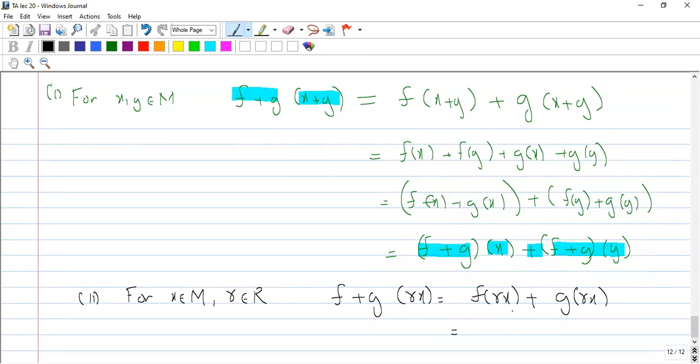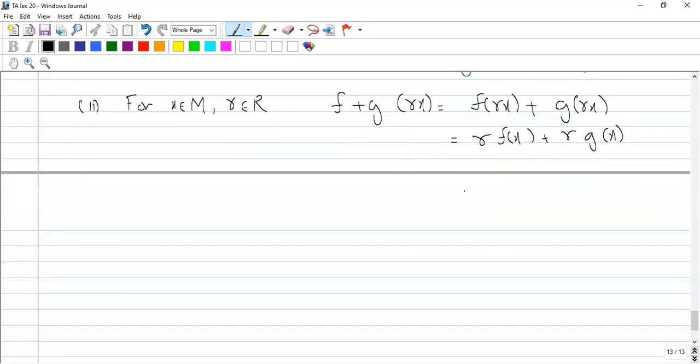Now f is an R module homomorphism, so this is r of f of x plus r of g of x, and this is equal to r into f of x plus g of x, which is r into (f plus g) of x.